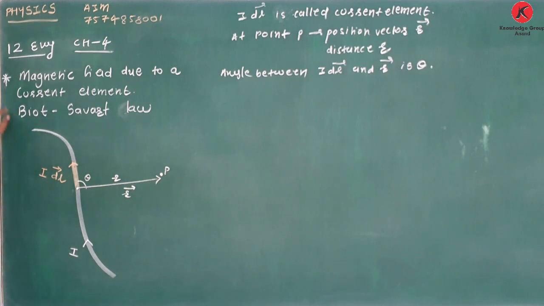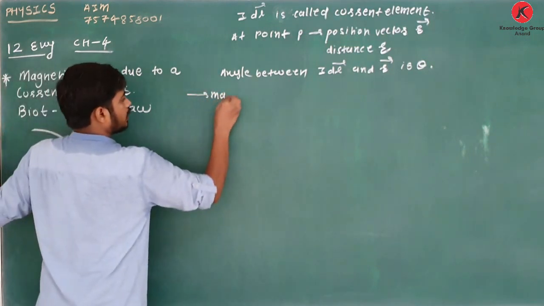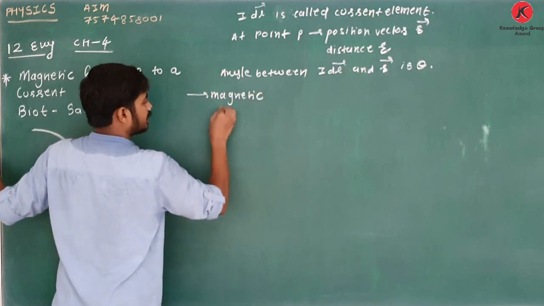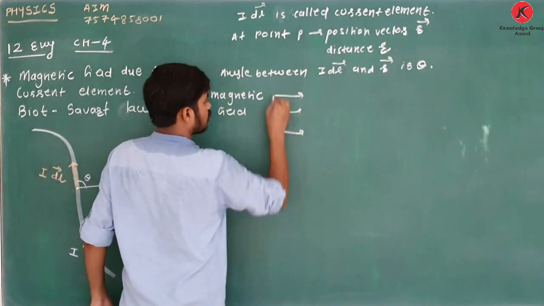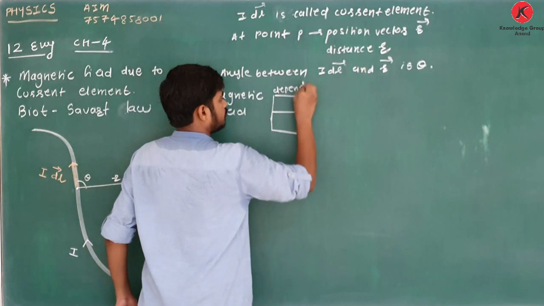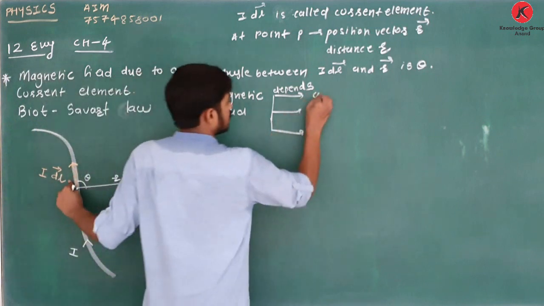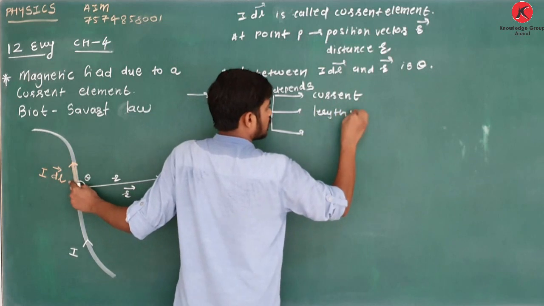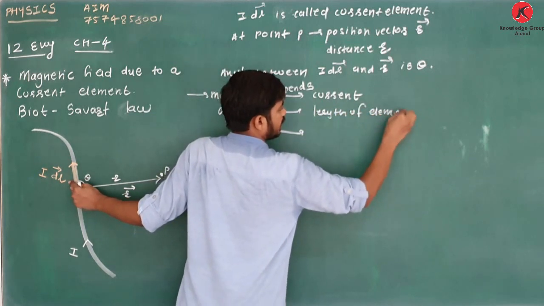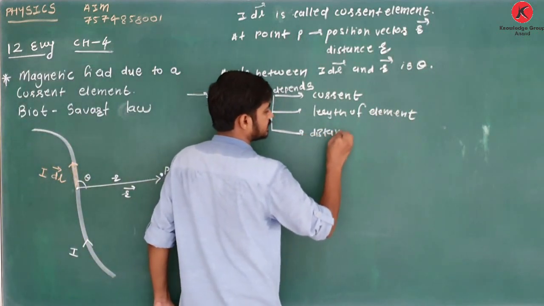Then yes, Biot, after a number of experiments, suggested that the magnetic field produced at this point depends on, first, the current flowing from the conductor; second, the length of the element; and third, the distance.